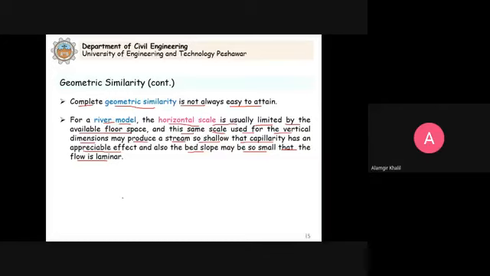So in case of river models, it's very difficult. We cannot ensure complete geometric similarity.